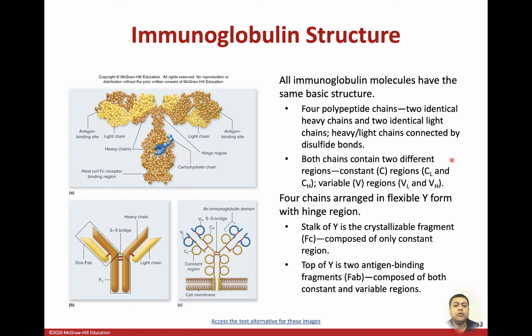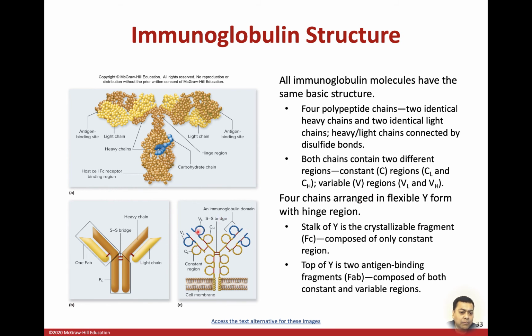Both chains contain two different regions, a constant C region, which is constant light and heavy. If we just see that, this is your constant light and heavy. Right here, if you carefully look at that, this is your constant heavy, and this is your constant light. So all the blue parts are the variable regions that we talked about, the V regions.